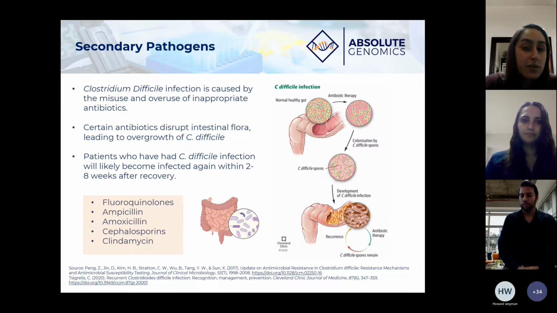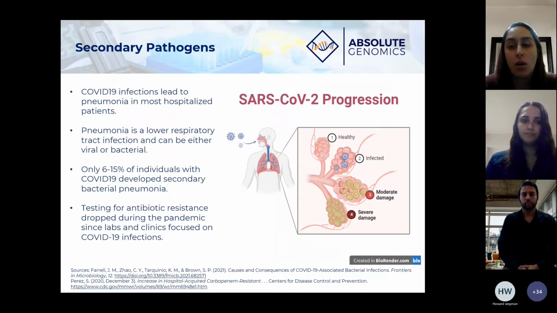Now I'm going to talk about another secondary infection that is associated with COVID-19. Now, I know that we are all probably tired of hearing about COVID-19 and the total disruption that it caused our society. However, there was a certain practice in place where patients came in with COVID-19 or even just symptoms prior to infection confirmation, where patients were dosed with antibiotics almost immediately as a preventative measure to reduce the chance of pneumonia.